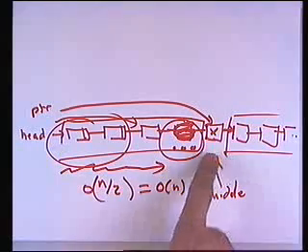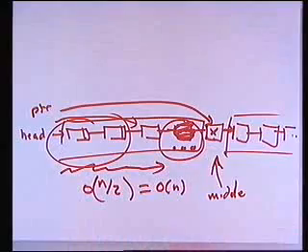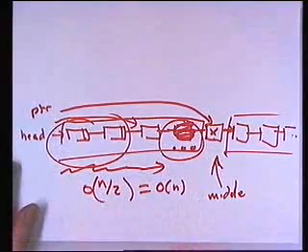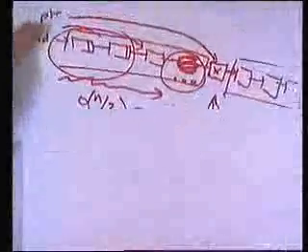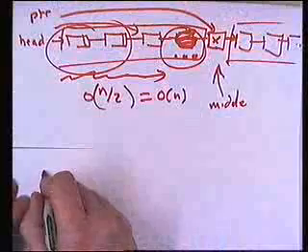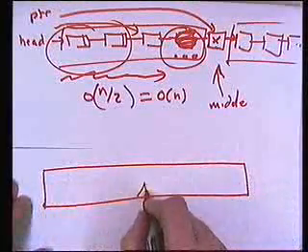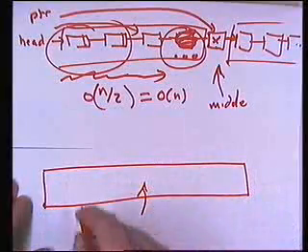We have the midpoint of here. We'd also need the midpoint of the first half and the second half. If this box is where the list was, I'd need a pointer to the midpoint of the list.